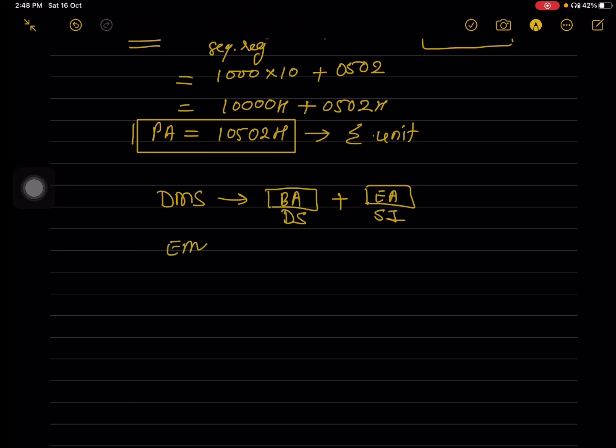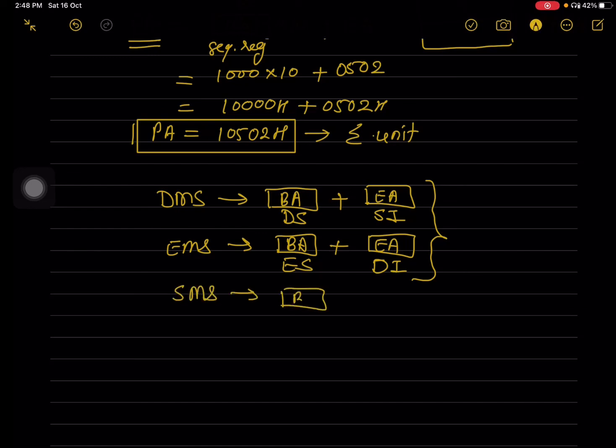For the extra memory segment, the base address is kept in the ES segment register and the effective address is kept in the DI register. SI and DI are not mandatory, but SI and DI are compulsory in string instructions.